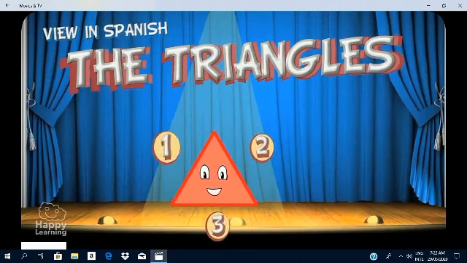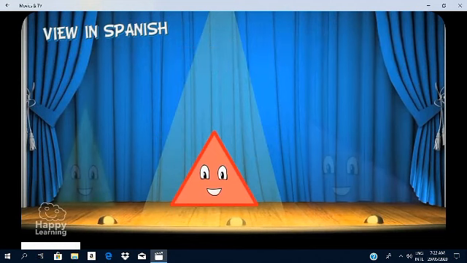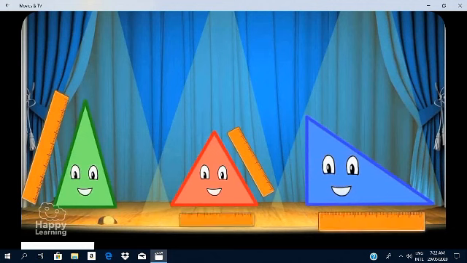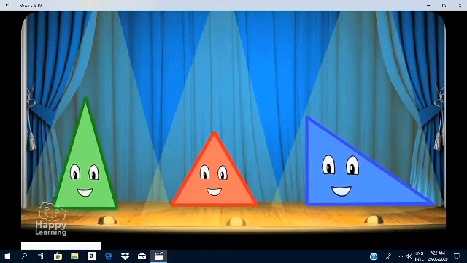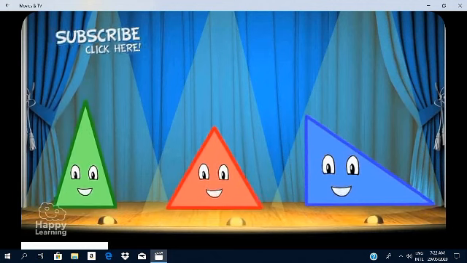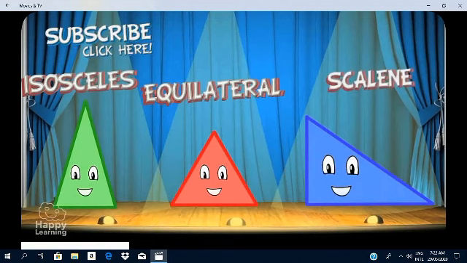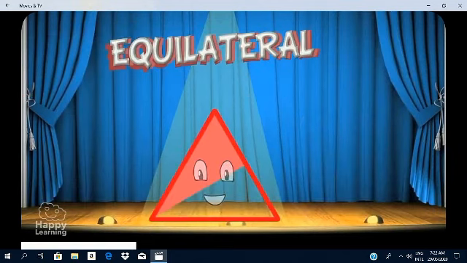They are being displayed to you. I want you to get your pen and write down the properties which shall be listed to you. We have isosceles triangles, equilateral triangle, and scalene triangle.